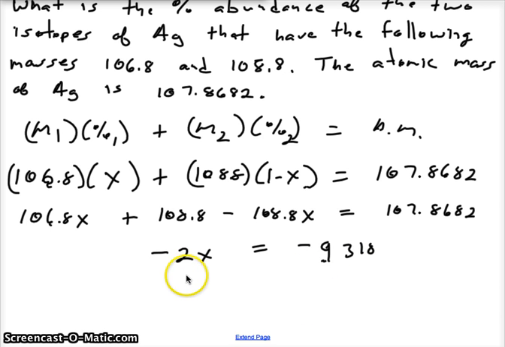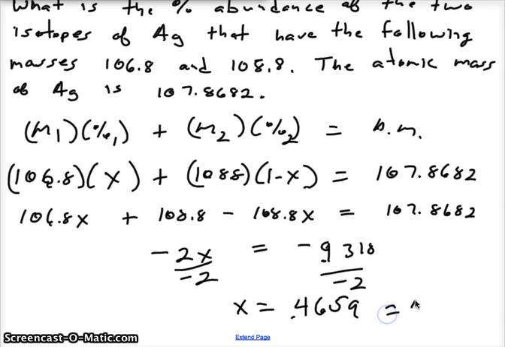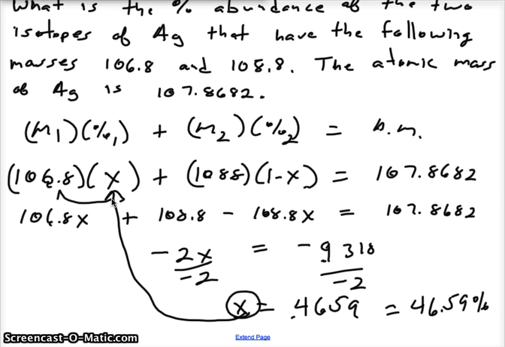And then if we divide by negative 2, we will get x equals 0.4659, which equates to 46.59%.